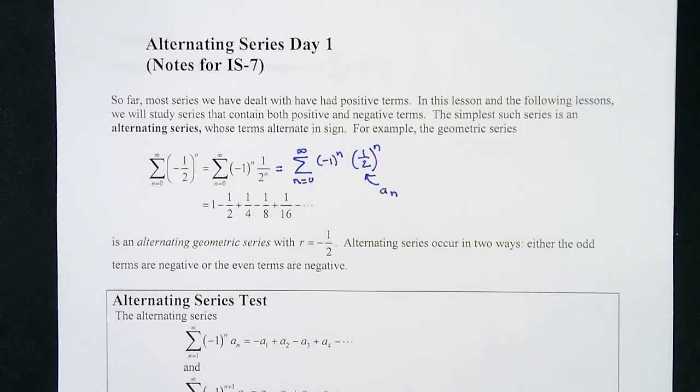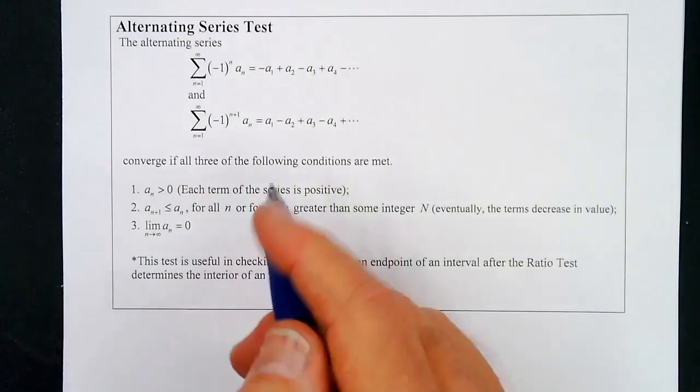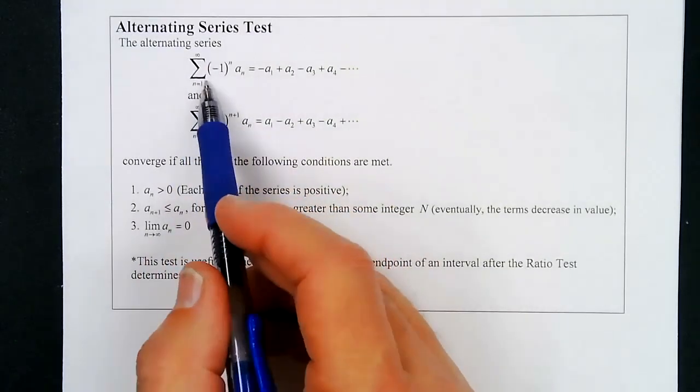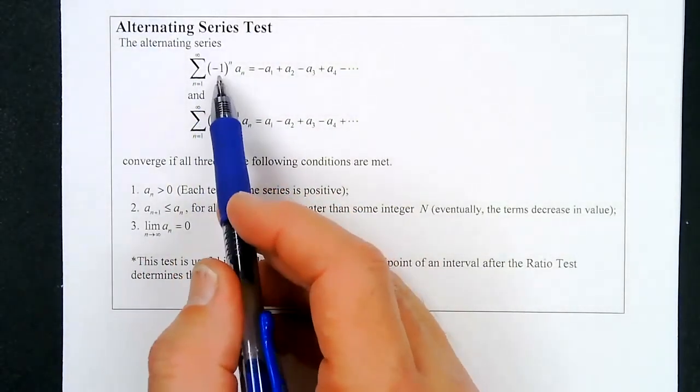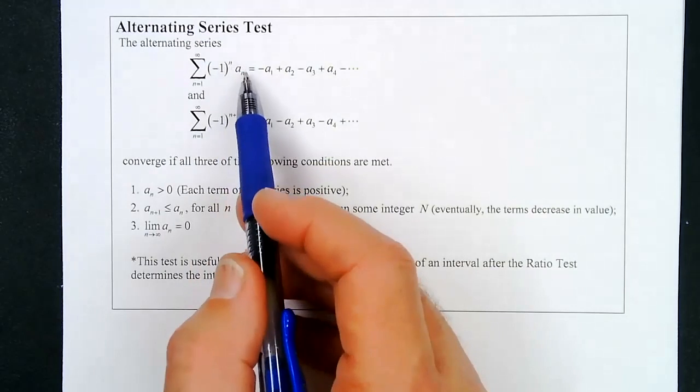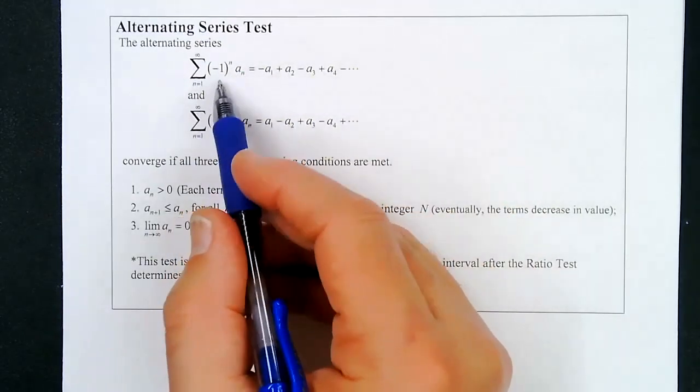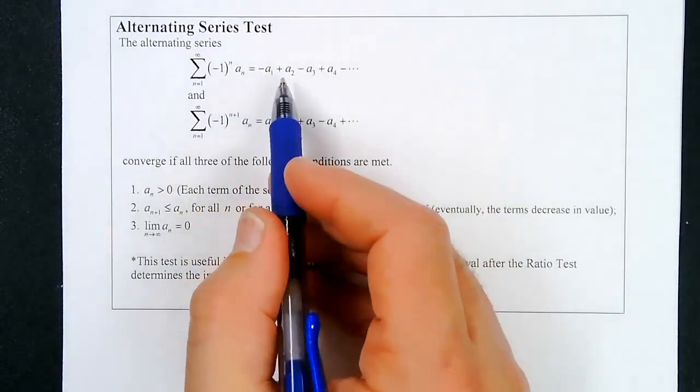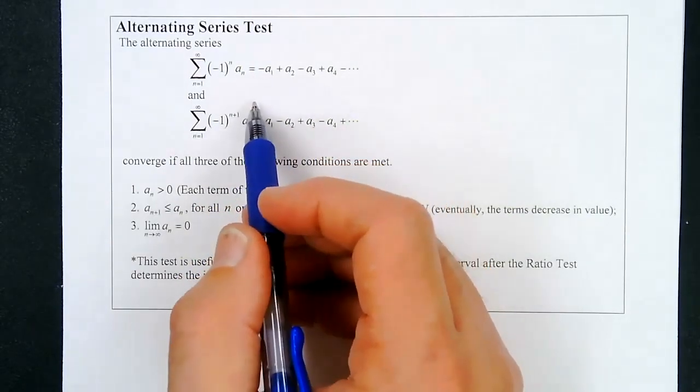Let's go to the next part of this test. So we have an alternating series, the sum from n equals 1 to infinity of (-1)^n a sub n. If we write it like this, it's going to cause the odd terms to be negative.